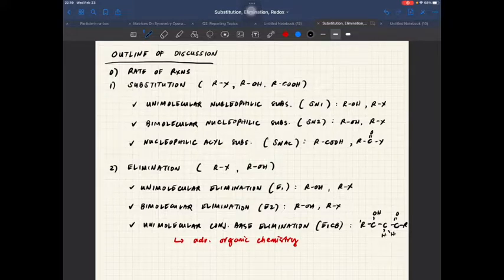After the discussion of substitution reaction, we shall also discuss elimination reaction, which also happens for alkyl halides and alcohols. Under elimination reaction, we have unimolecular elimination, or E1, bimolecular elimination, or E2, and finally unimolecular conjugate base elimination, or E1CB, which is under advanced organic chemistry and therefore not part of your lesson.